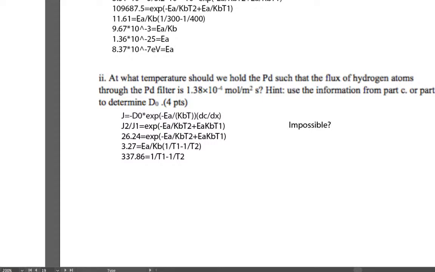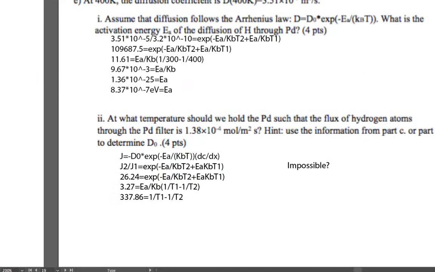Let's just go ahead and figure out what the D naught is, because somehow I can't figure this thing out, which is making me freak out a lot.